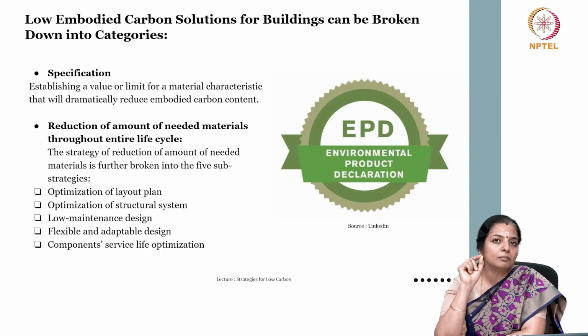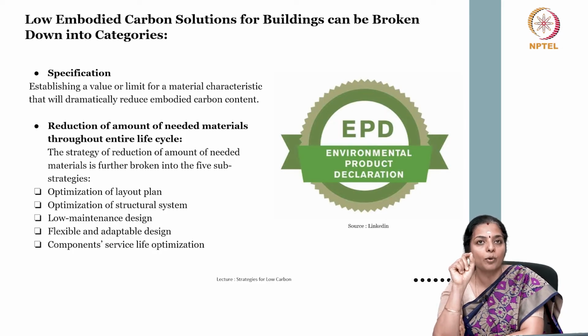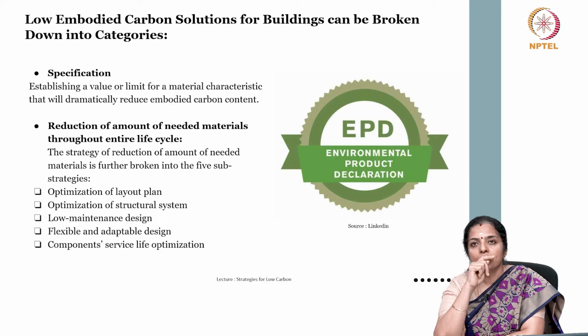Specification of the component or the building material that you use is an important category. Establishing a value or limit for a material characteristic will dramatically reduce embodied carbon content.